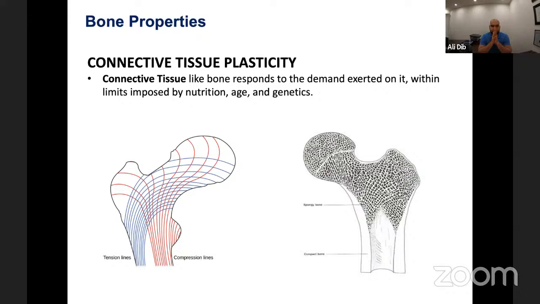Connective tissue plasticity is also the reason why I tell people that I can build a story on them based on what their posture looks like. For example, someone that presents with a kyphotic posture like this, I can almost tell that because of the demands of sitting all day, they're probably sitting like this.